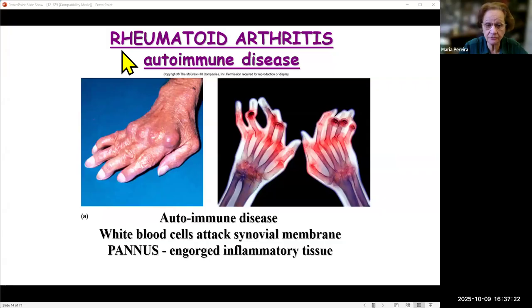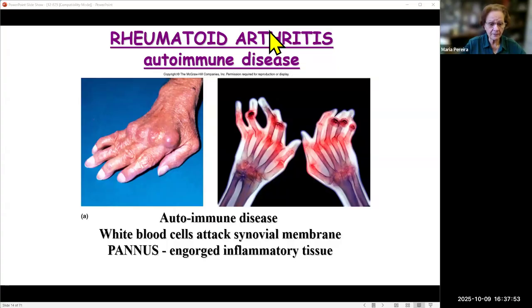Then there's a third type of arthritis known as rheumatoid arthritis, and this is an autoimmune disease. Remember, we discussed different types of autoimmune diseases: multiple sclerosis, lupus, vitiligo. These are all types of autoimmune disease. What happens is the macrophages, the white blood cells of an individual, turn against their own cells, their own proteins.